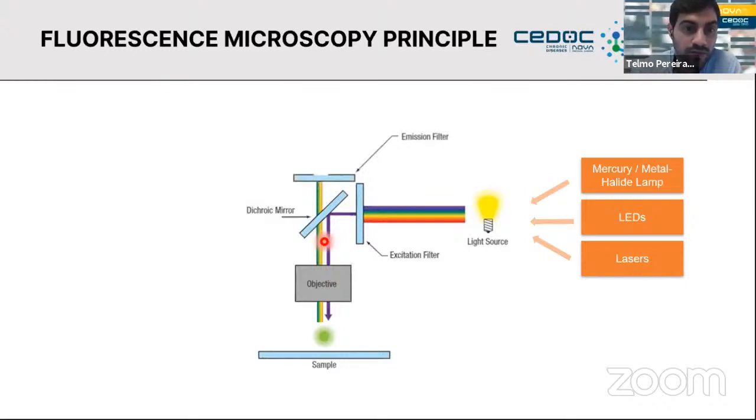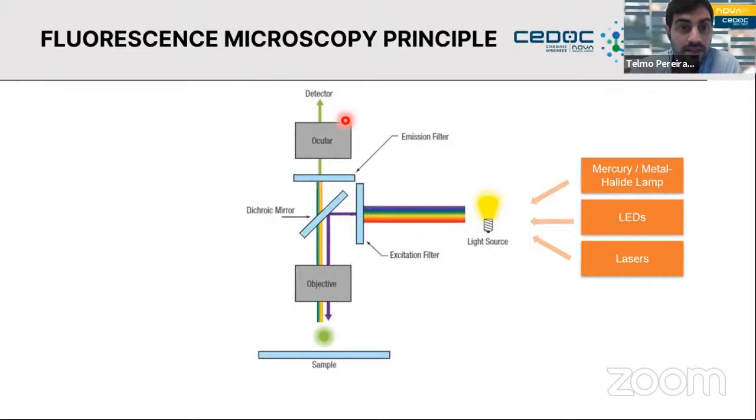This blocks out different parts of the emitted spectra. Sometimes you want to do this to avoid crosstalk between two or more fluorophores that you also have in your sample. Then only the light that you really want will go through to the ocular or to another detector, which could be a camera or another type of detector.